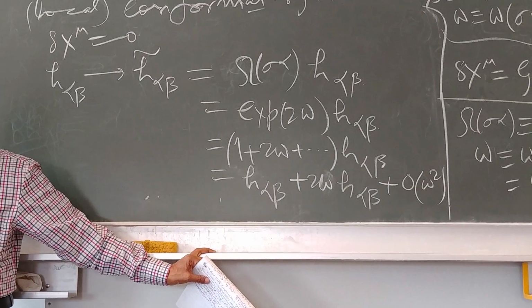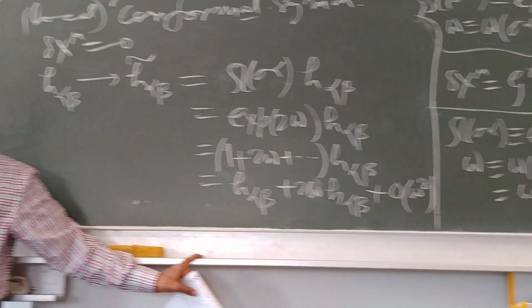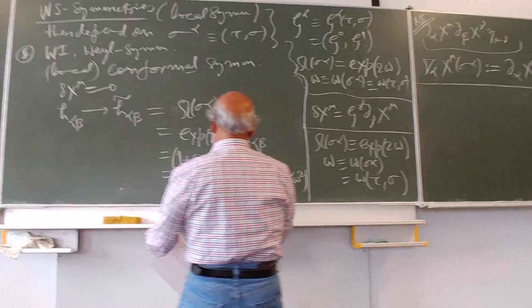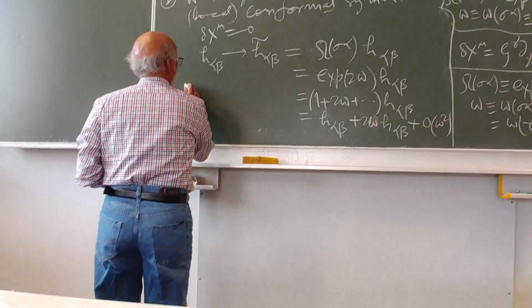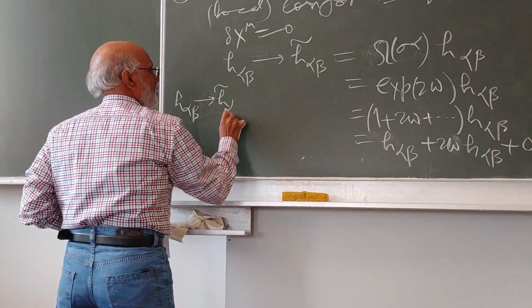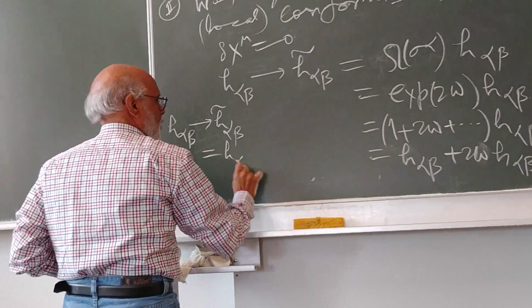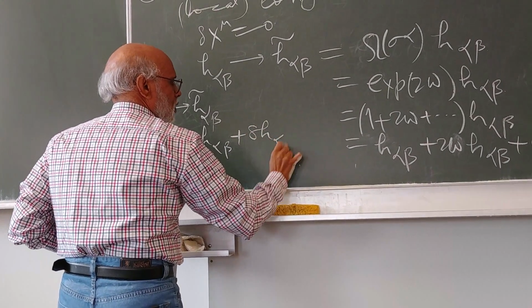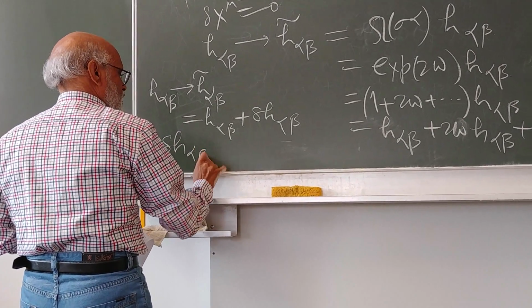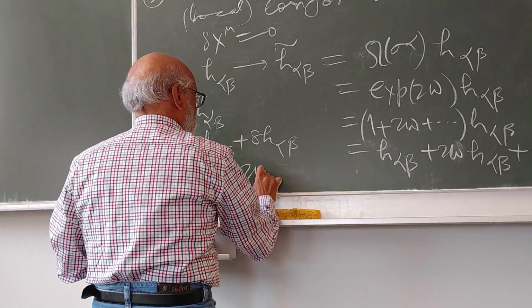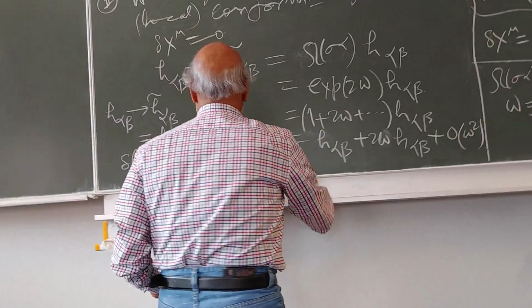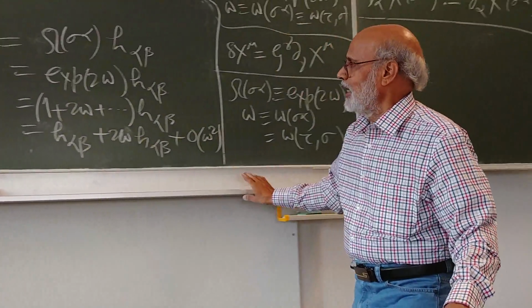Here little omega is also an infinitesimal quantity, and so its higher orders would be neglected. Now this, if I write it as this, then I could write delta h alpha beta equal to 2 omega into h alpha beta. I could collect the result a little bit on the other side.